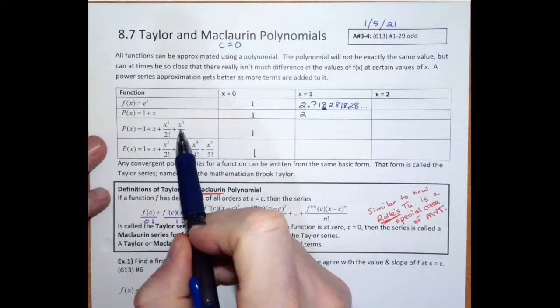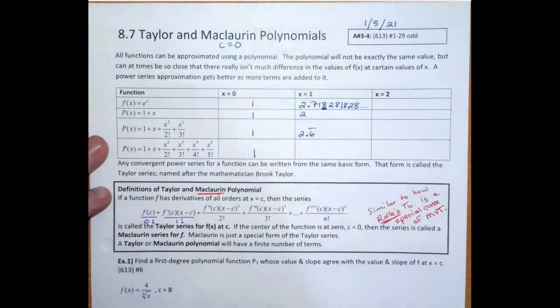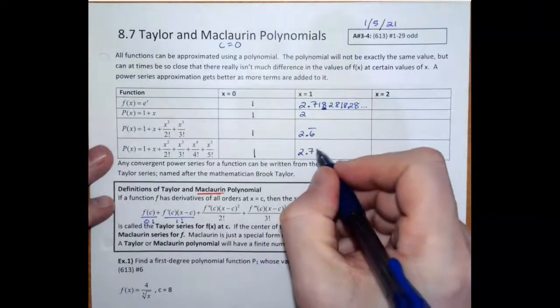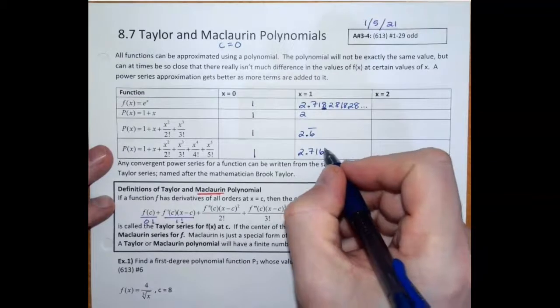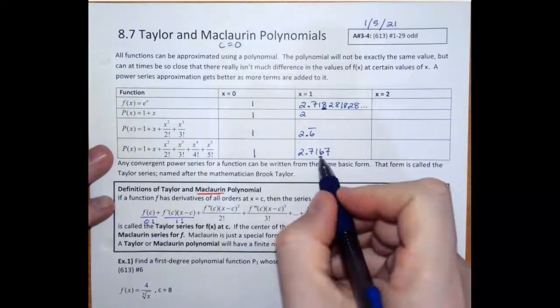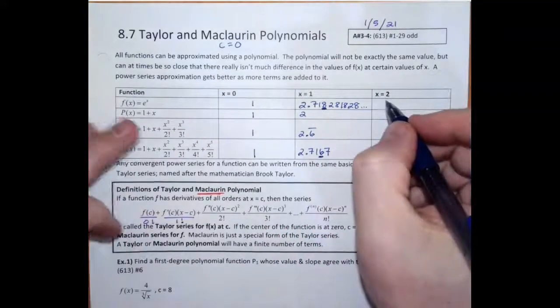And if we plug 1 in here to this polynomial, and you can type that in your calculator to verify this if you want to, that would be 2.6 repeating, and this one here would be 2.7167, and out to 3 decimal places, that's pretty close.